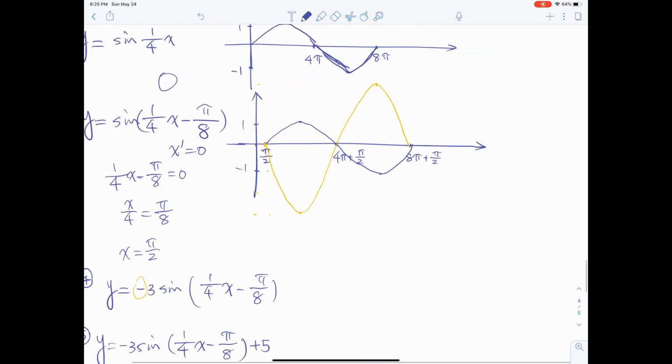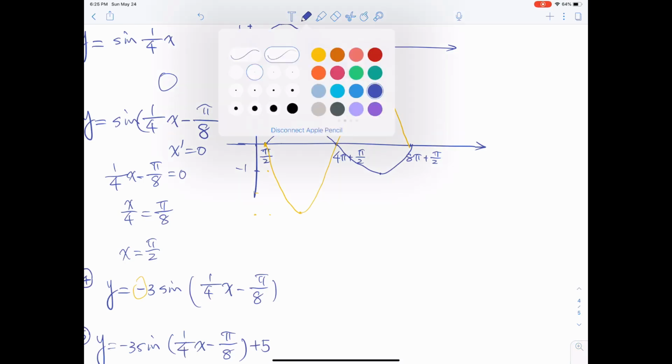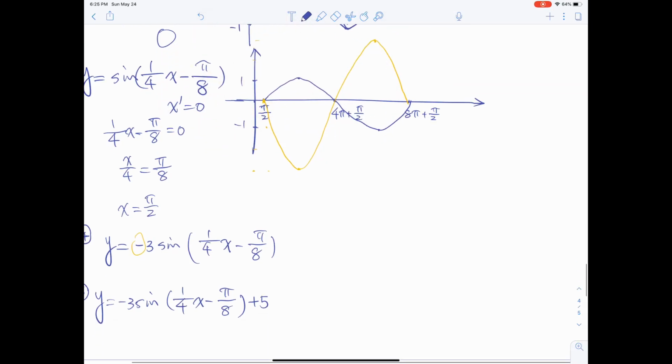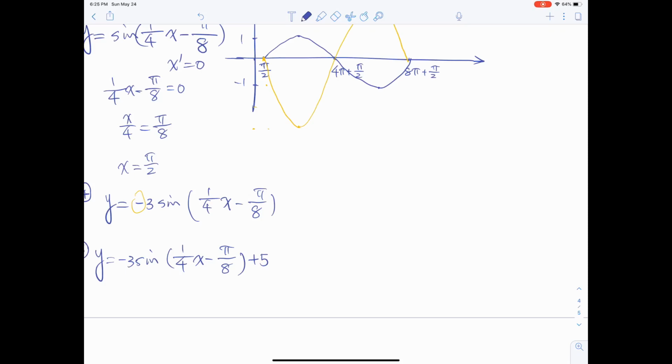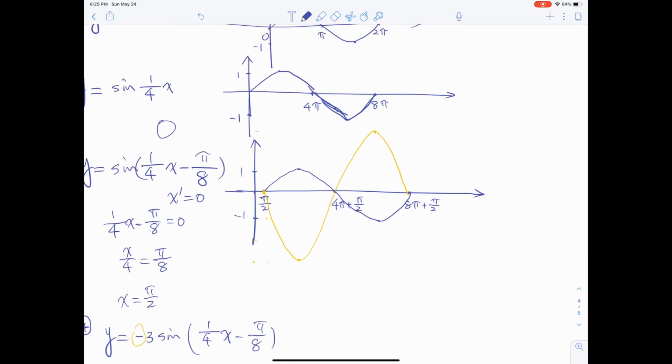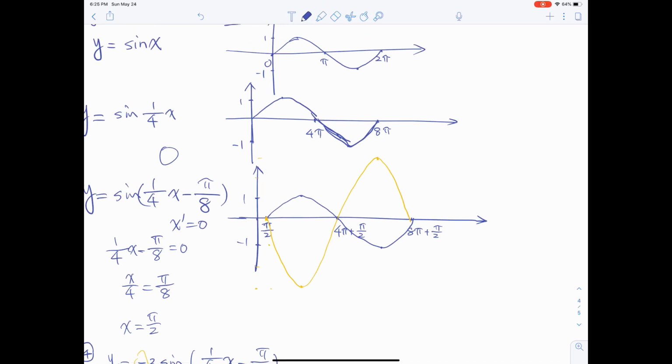Plus 5 means you shift everything up 5 blocks. We work on the same graph, okay? Shift 5 blocks. So when it is 0, it will be 5. 1, 2, 3, 4, 5. When it is negative 3, it will be positive 2.